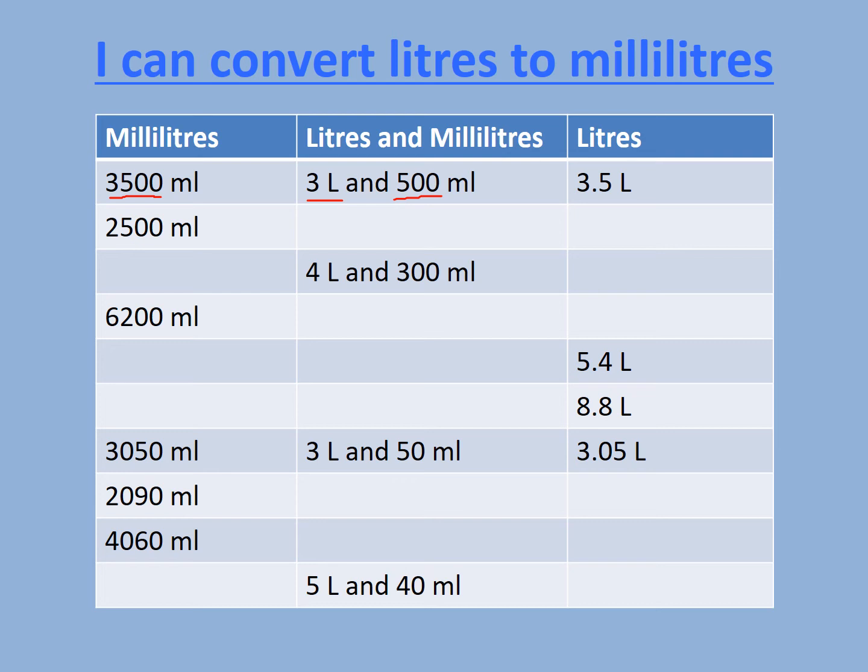Okay, so can we do the next one together? We have 2,500 milliliters. How many liters do we have? How many thousands of milliliters? 2,000. And 2,000 milliliters will give us how many? 2 liters, and how many milliliters? 500.